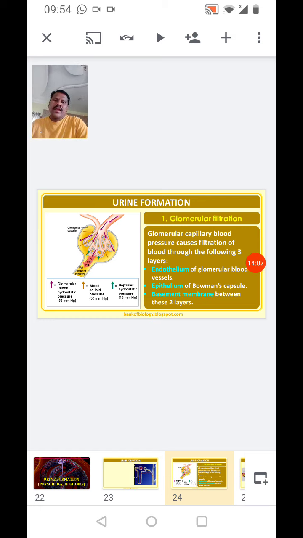Here I would like to tell you one more important thing. In the structure of the nephron, the glomerulus is a group of blood capillaries. The wall of the blood capillaries is made up of endothelium, that means epithelial cells.